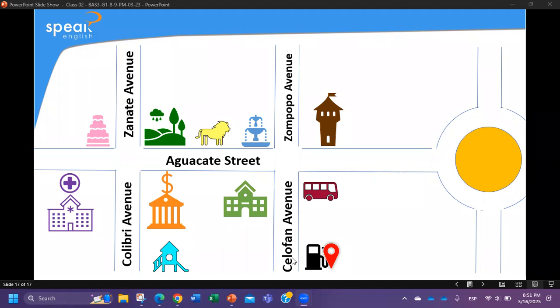Then go, I think, 1 block. Go straight 1 more block. Because now I'm talking about Aguacate Street, so I need to continue walking straight, okay? So go straight 1 more block.